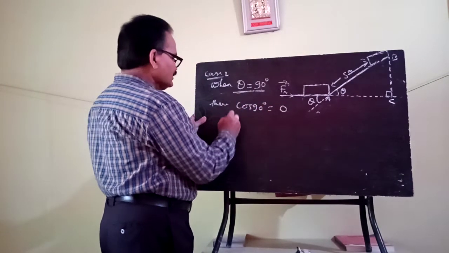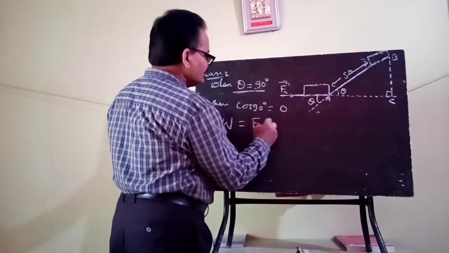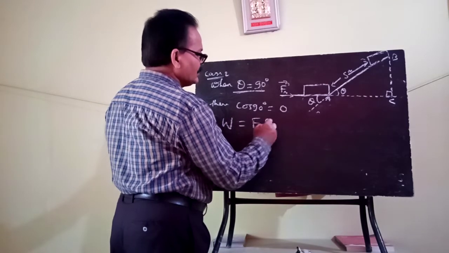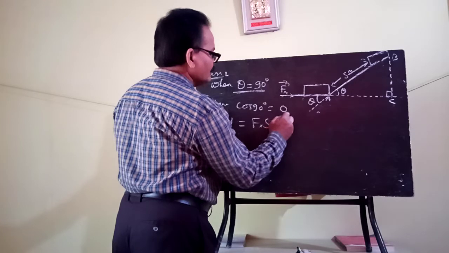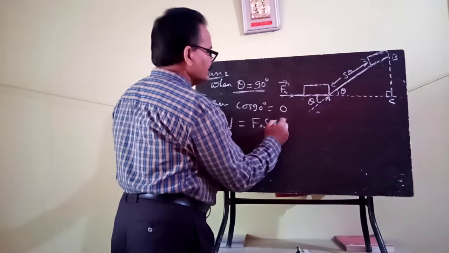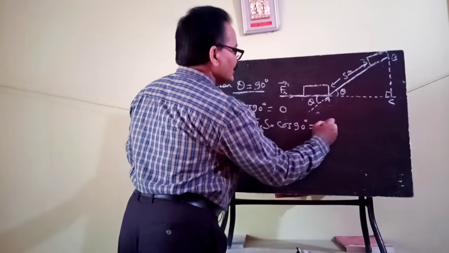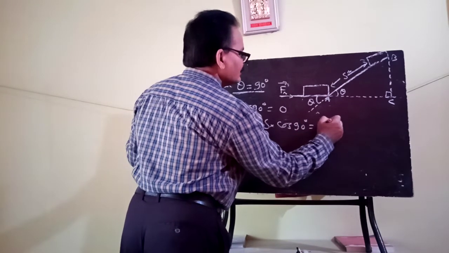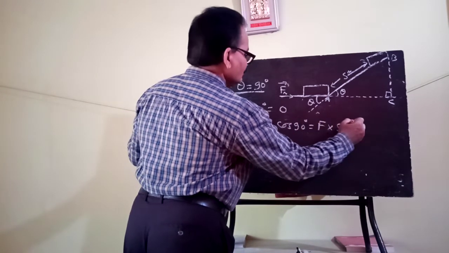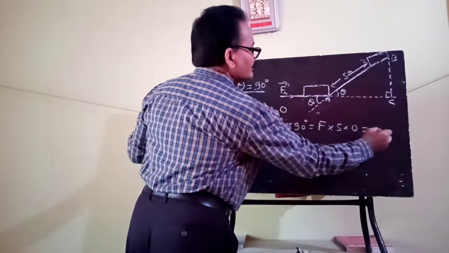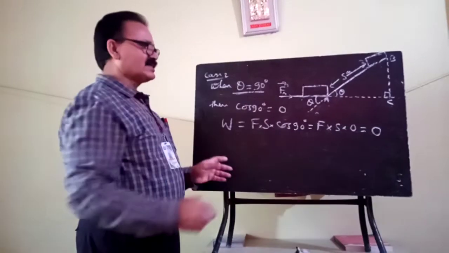So W equals magnitude of force into magnitude of displacement into cos 90 degrees, which equals force into displacement into 0. So this will be 0. That means no work has been done.